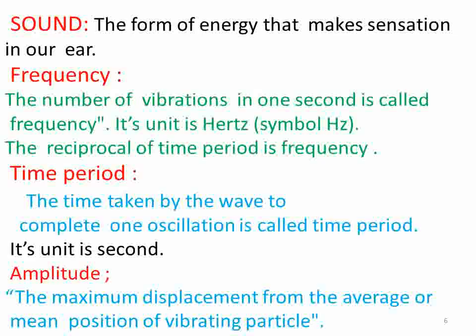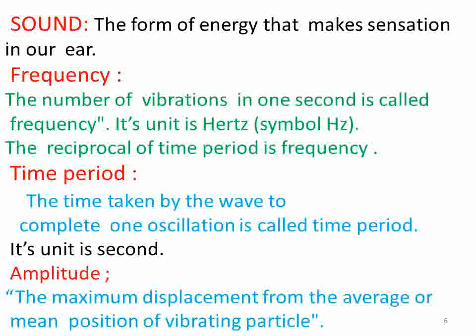Time period: the time taken by the wave to complete one oscillation is called time period. Its unit is second. Amplitude: the maximum displacement when the sound wave or any wave travels in a medium, then particles have different displacements.